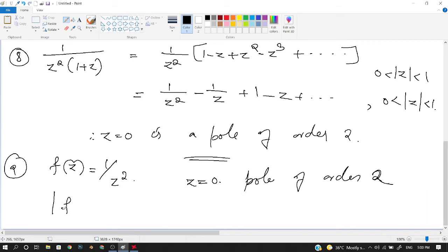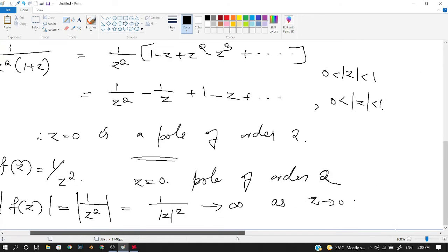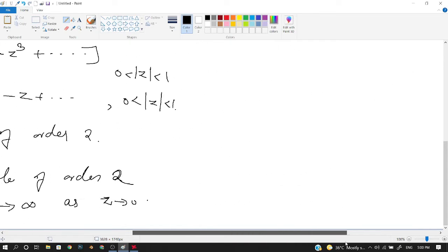Now if we are considering the modulus of f of z, that is equal to 1 by mod z square, and that tends to infinity as z tends to 0. When z equal to 0, mod z is 0, so 1 by 0, so that function tends to infinity. Okay, now we have a theorem related to this example now.